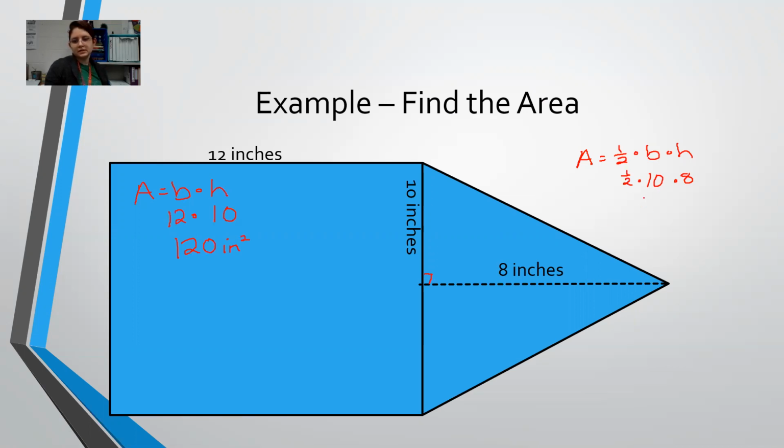So 1/2 of 10 is 5. 5 times 8 is 40. So the area of my triangle is 40 inches squared. And I simply add them together to get the total area of the composite figure. So 120 plus 40 gives me 160 inches squared for the area of this composite figure.